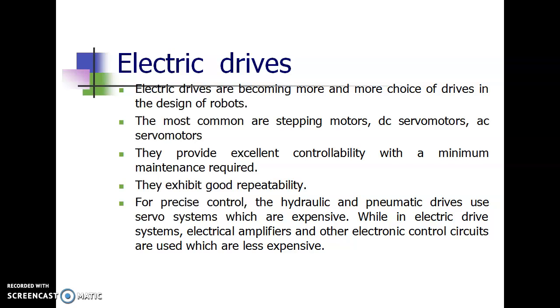In electrical drive systems, electrical amplifiers or other electrical control circuits can be used to provide better controllability, but the system is going to be less expensive compared with hydraulic or pneumatic servo systems. So electrical servo systems are cheaper than hydraulic or pneumatic servo systems. By that we can get very good controllability, and because of that the electrical drives exhibit good repeatability.